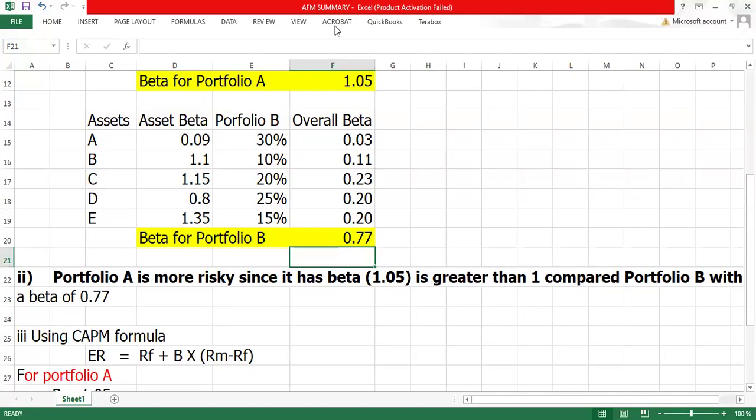If beta is greater than 1, the portfolio is more risky than the market.